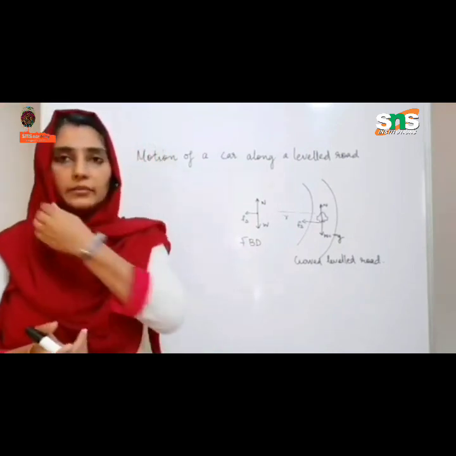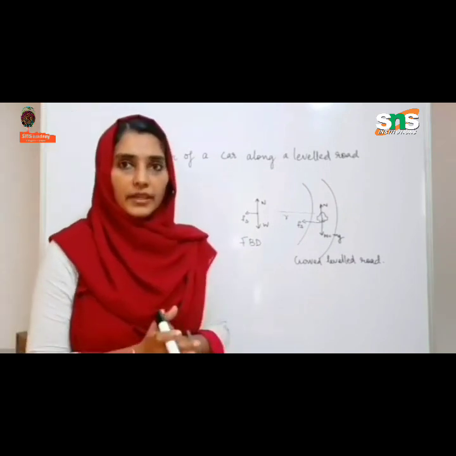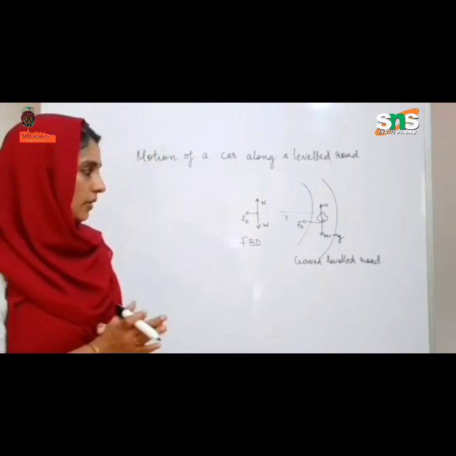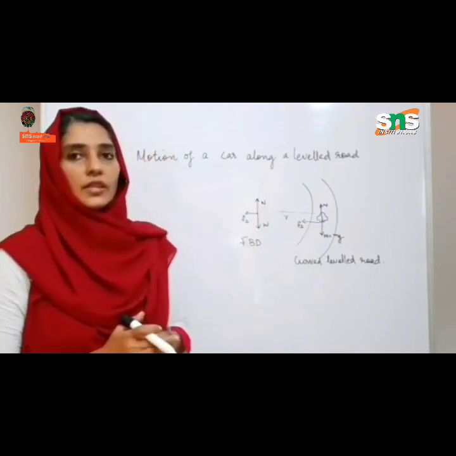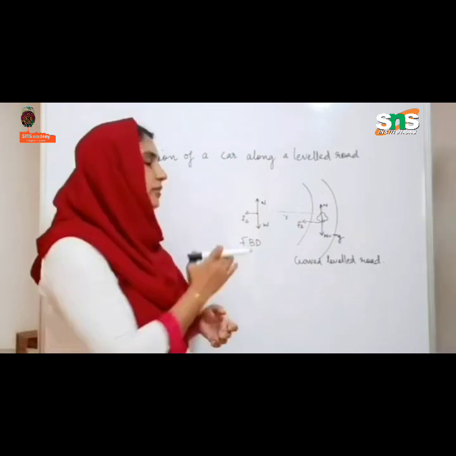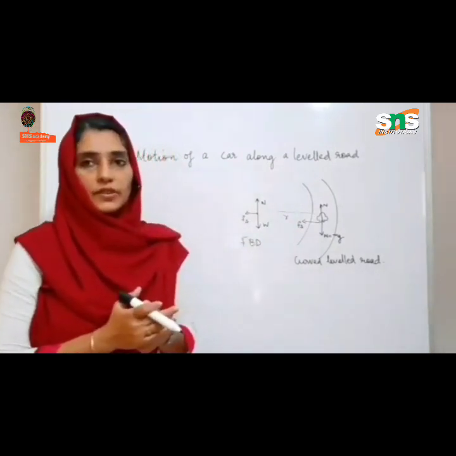A free body diagram is a diagram where you represent graphically the different forces acting on a body. The body is shown as a point object here, and the different forces are shown in different directions. The length of the vector shows the magnitude of the vector.